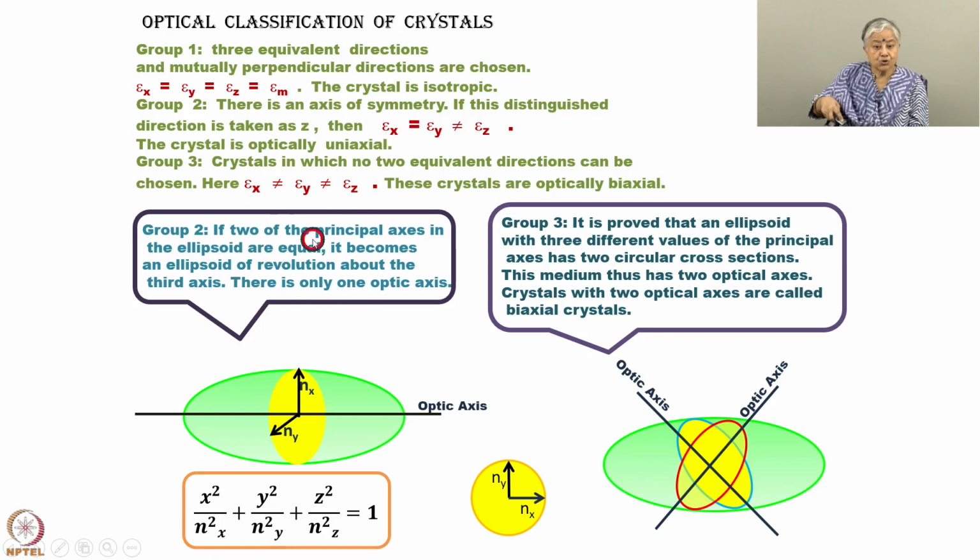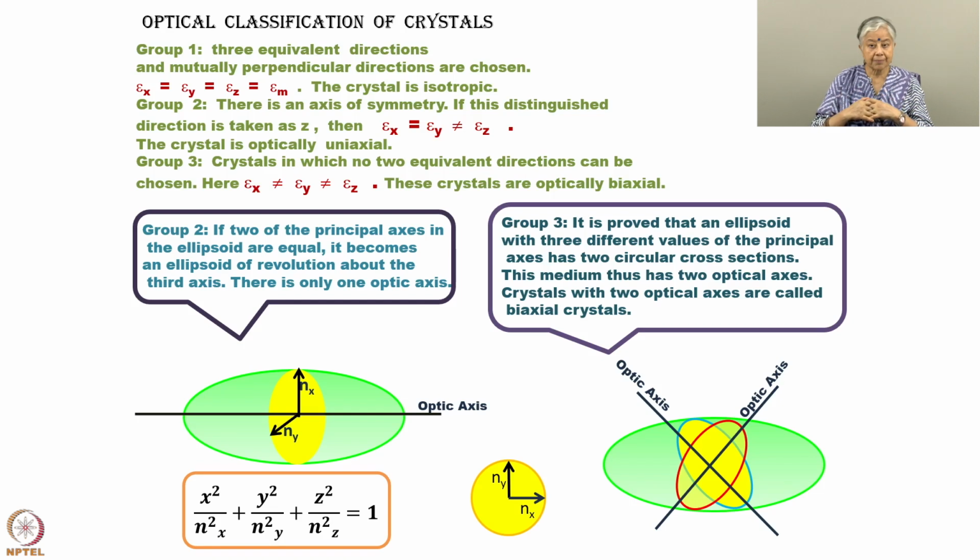So, if two principal axes in the ellipsoid are equal, it becomes an ellipsoid of revolution about the third axis. There is only one optic axis in this case. This third axis is the optic axis. It is a special reference point.